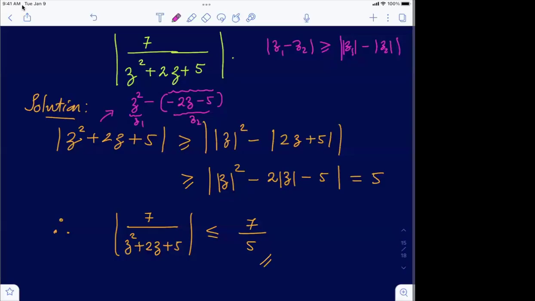Now, how can you work with step number 2? We need to further reduce it down to a further level from this step to the next. How can you do that? Now, that's exactly when you need to think carefully how you're going to use the triangle inequality. It is not the reverse triangle inequality anymore. We are going to use the triangle inequality carefully on this occasion.